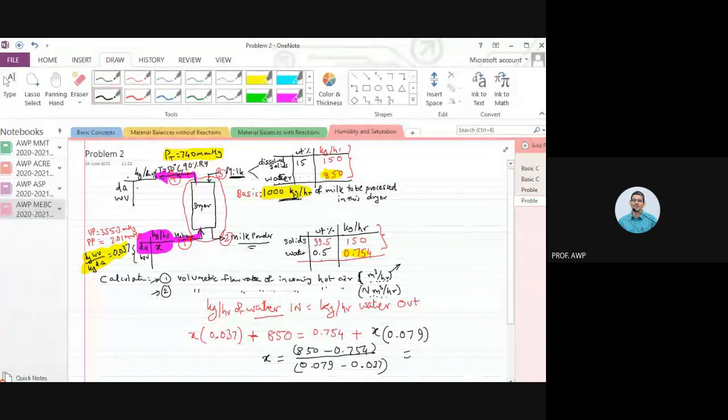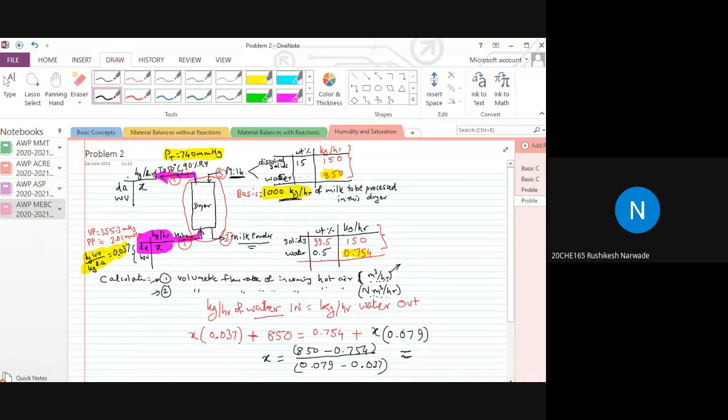This would still be x. That's why we want to do calculations in terms of kgs of water vapor per kg of dry air. So somebody calculate x from here. 20,220 kg per hour.